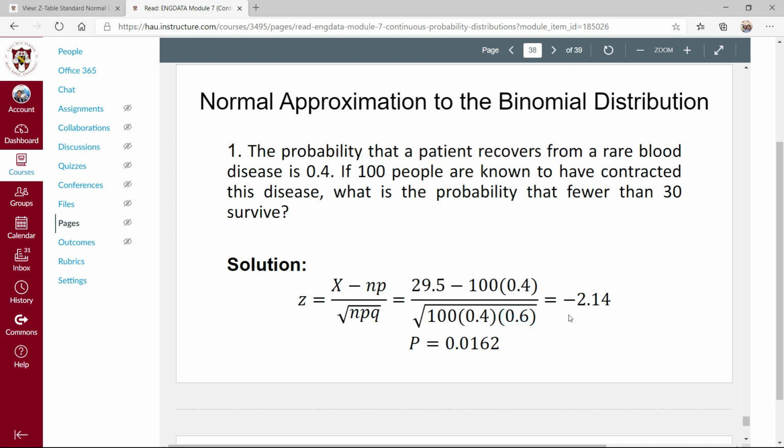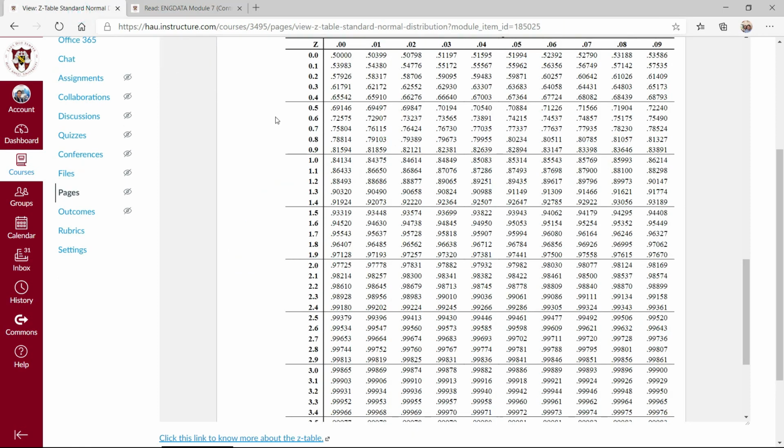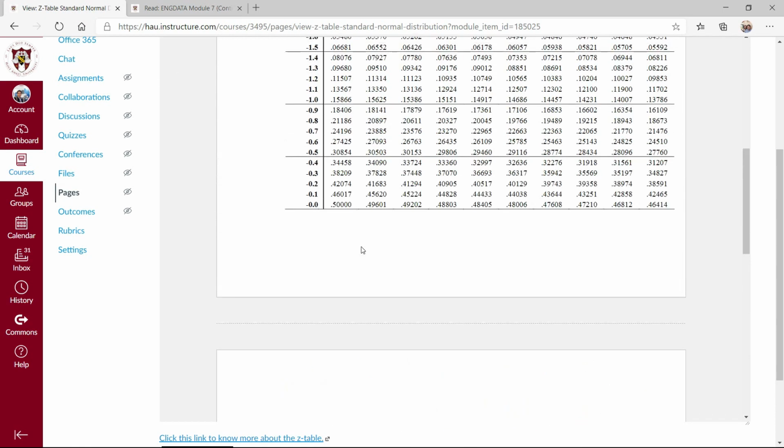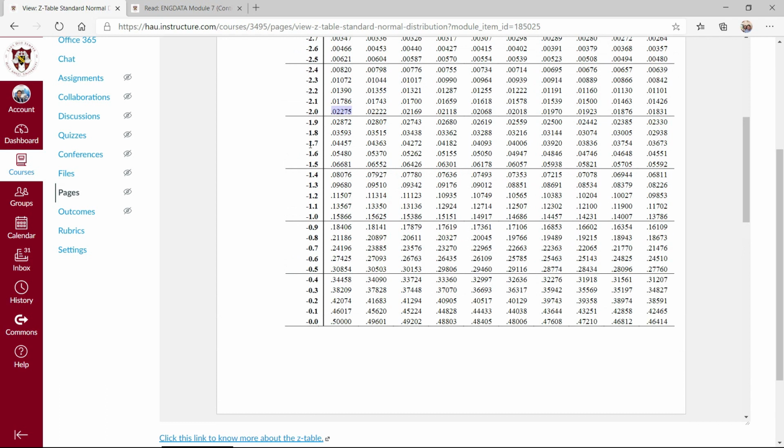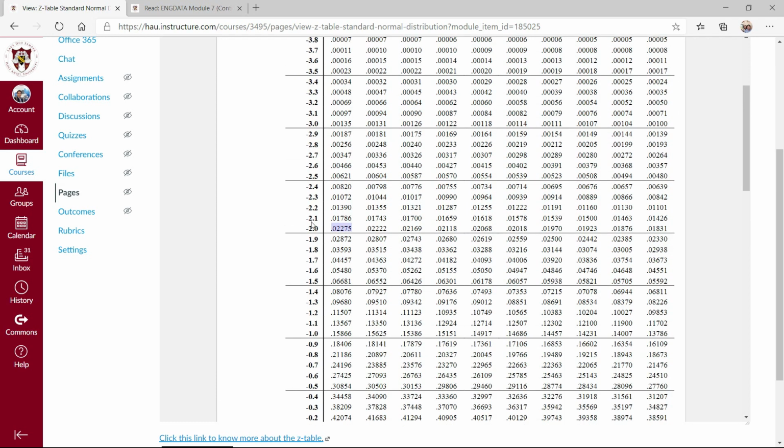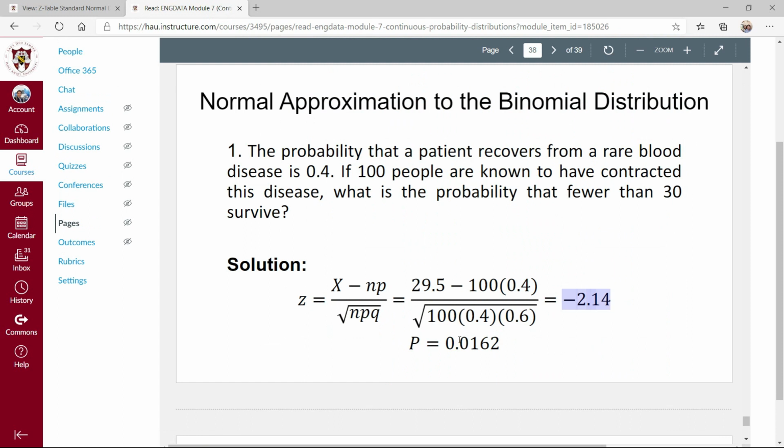And you'll have a z-score of negative 2.14. And from your table, negative 2.14 gives 0.0162. So that gives us the probability that fewer than 30 will survive, 0.0162.